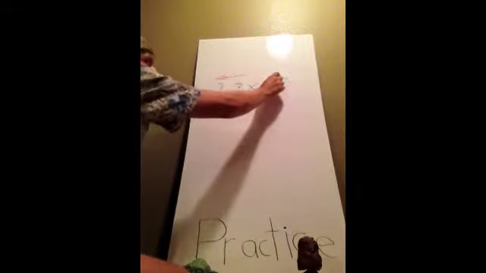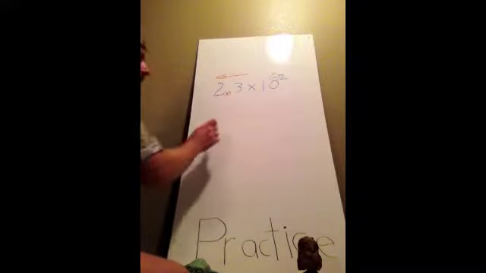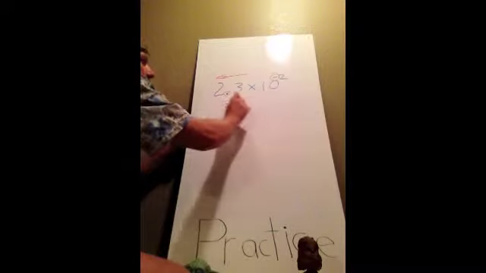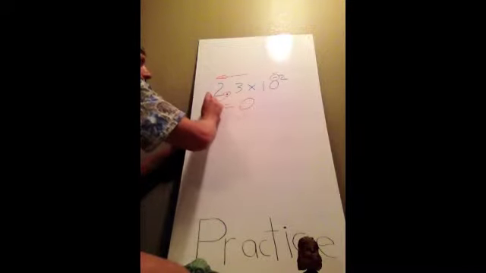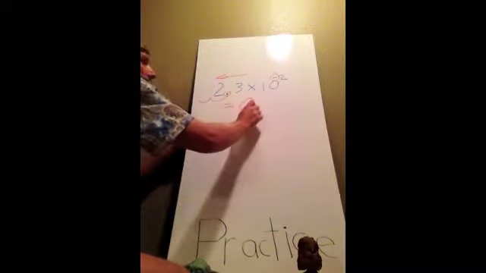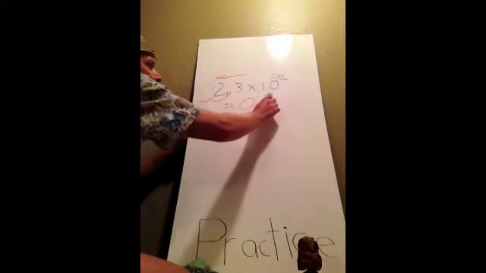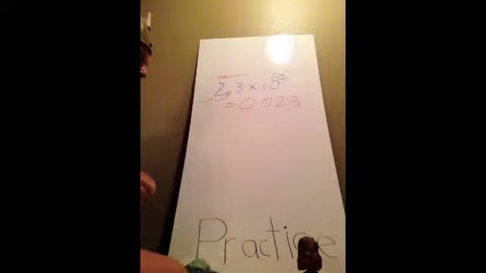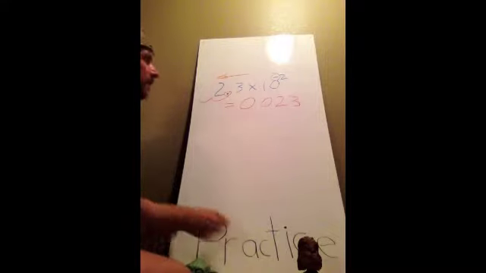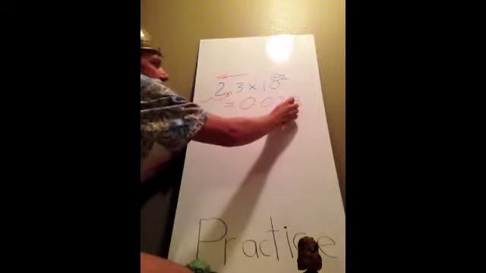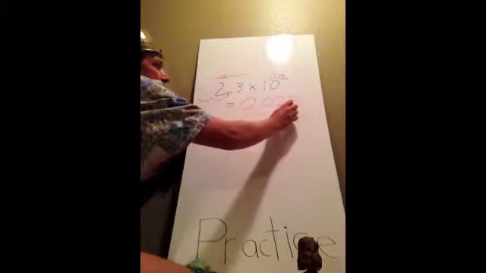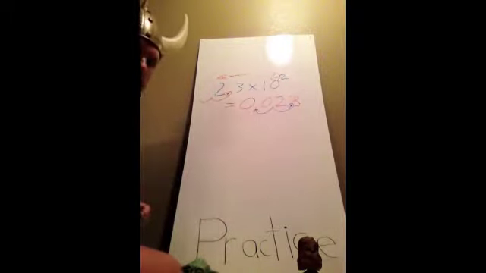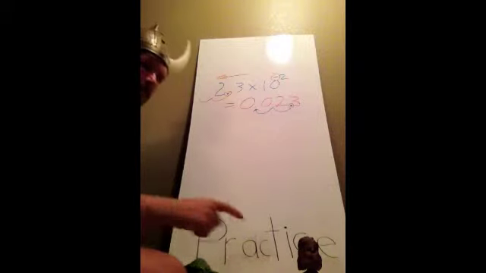Because it's negative, right? So this equals 0. Moving in two places, 1, 2. So it started here, 1, 2, and ended there. Okay?